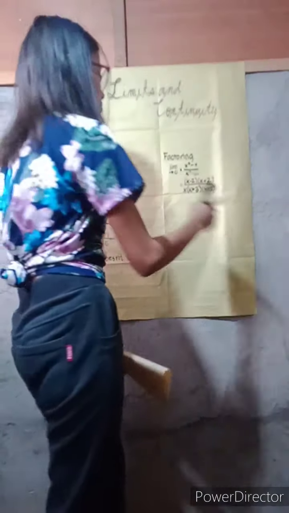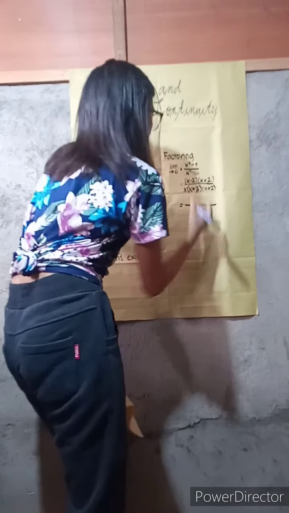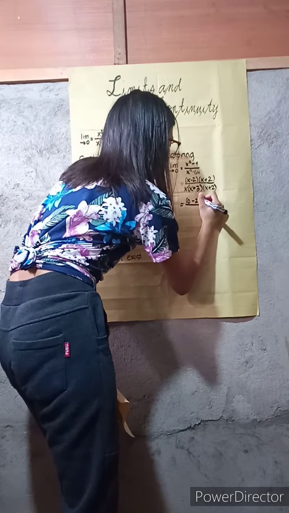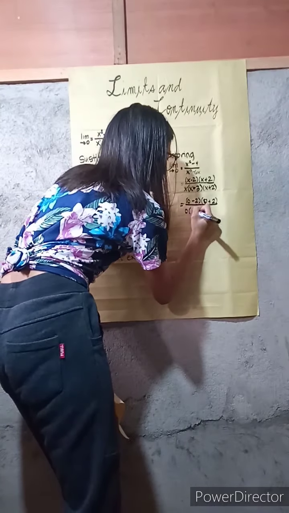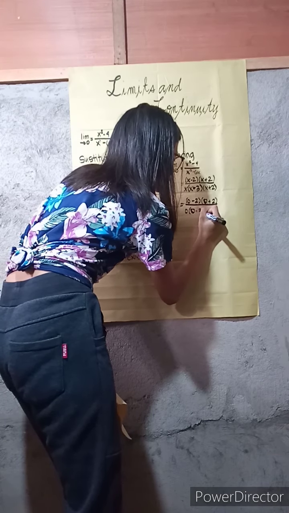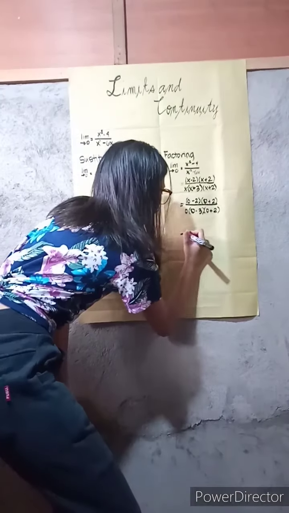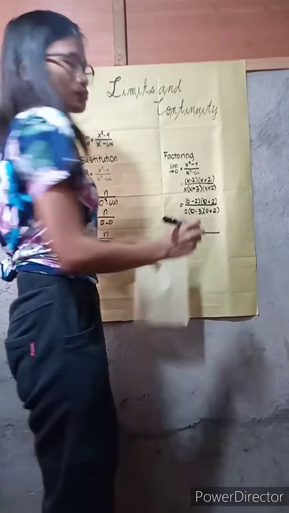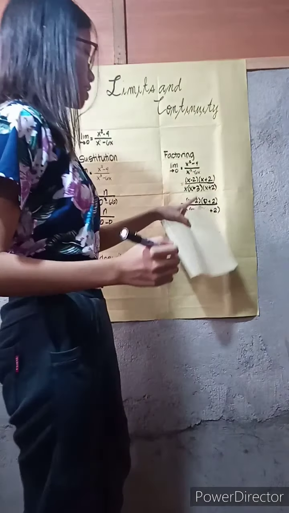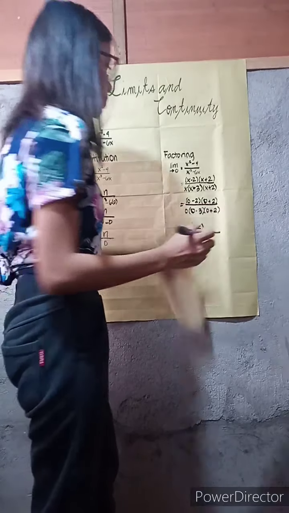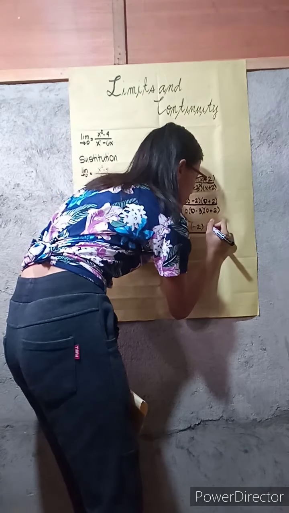So now we will substitute the value of x with 0. 0 minus 2, 0 plus 2, over 0, 0 minus 3, and 0 plus 2, equals 0 minus 2 is negative 2, and 0 plus 2 is 2.